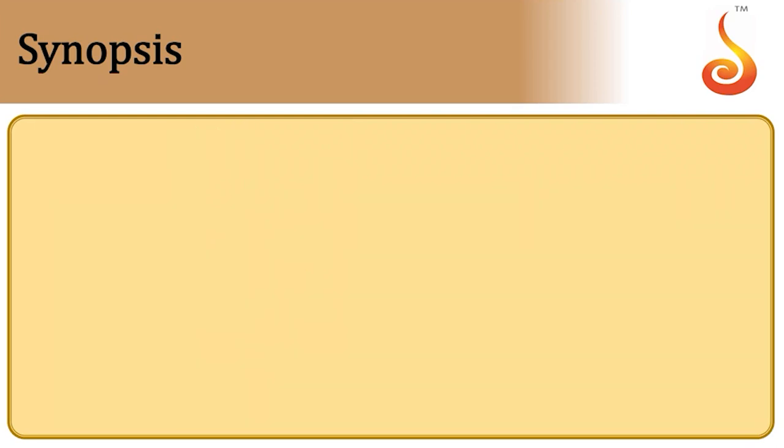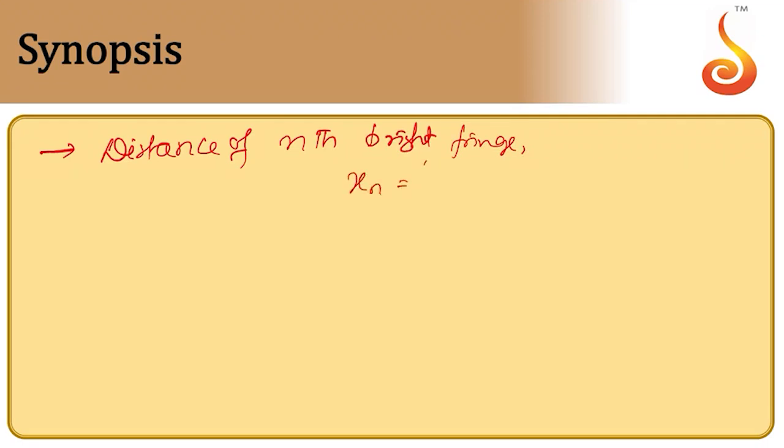Let us consider a couple of important equations here. Number one, distance of the nth bright fringe, x_n is equal to n lambda D divided by d.